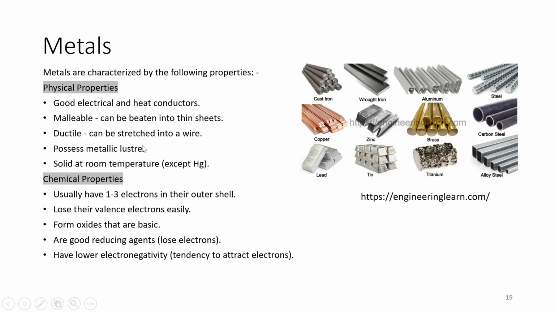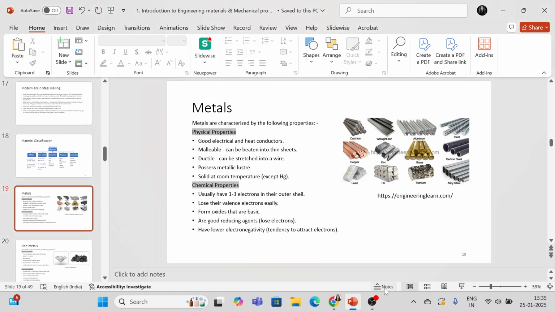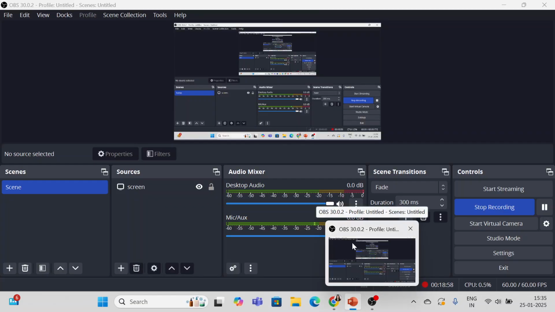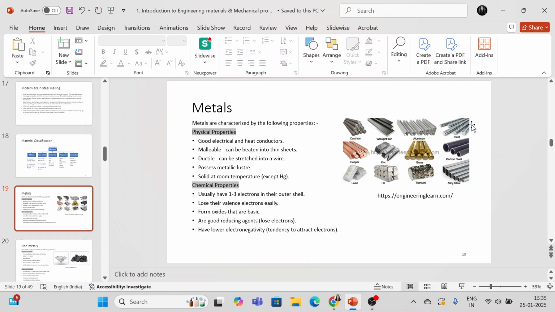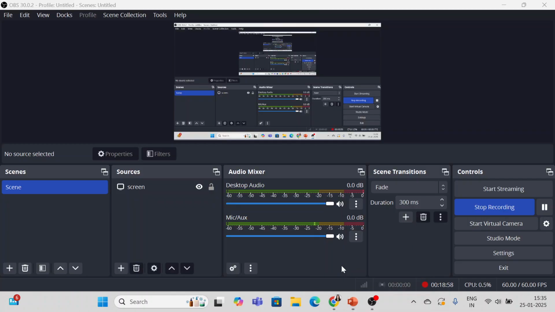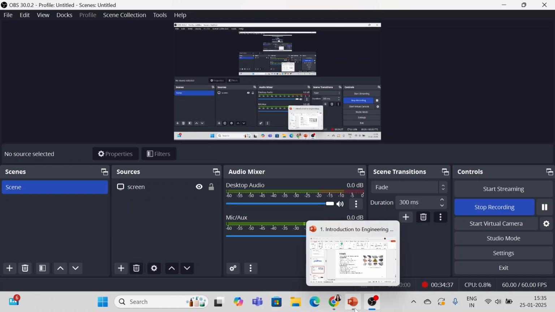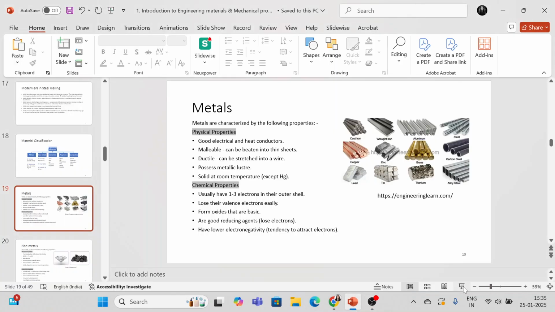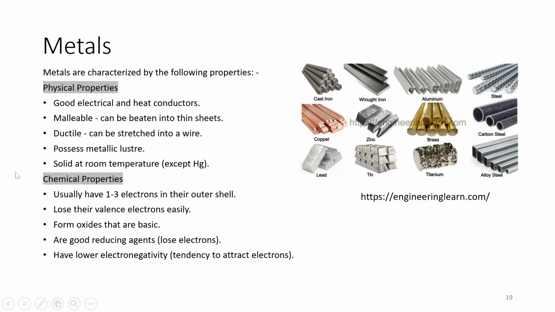Now metals are characterized by the following properties. They can be stretched into thin wires, and they possess metallic luster, and they are solid at room temperature except mercury.